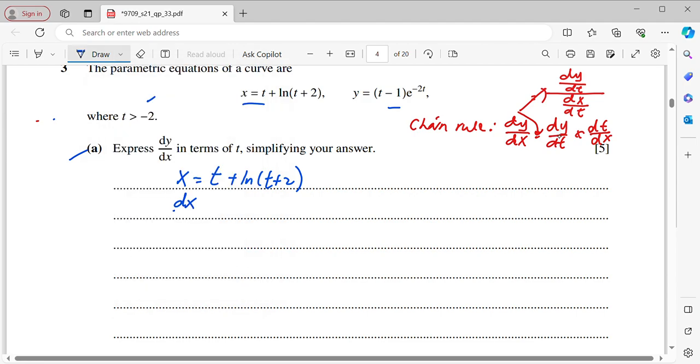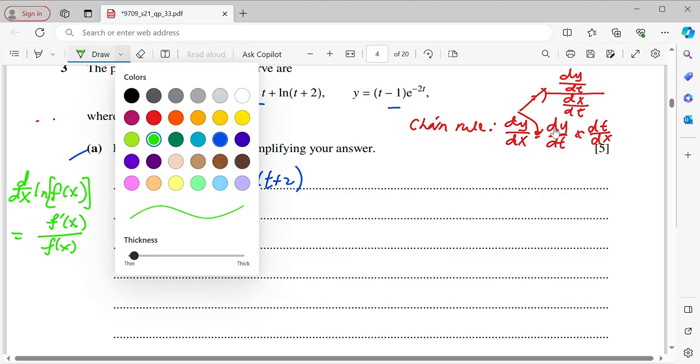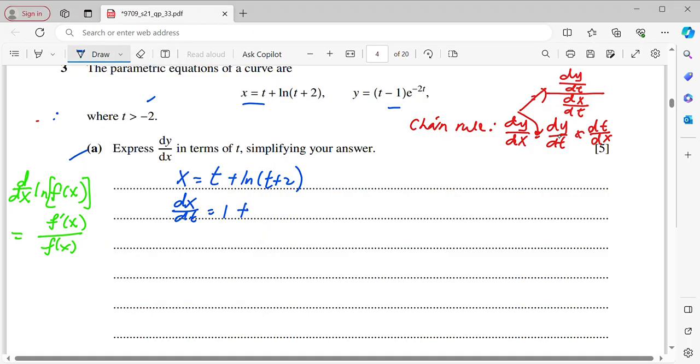So for dx/dt, differentiating t with respect to t is 1, and to differentiate the ln, we have another formula here. Differentiating ln f(x) with respect to x, it will always be over f(x), and the numerator is f prime x. So I will get plus ln(t plus 2), so it will be over t plus 2 first.